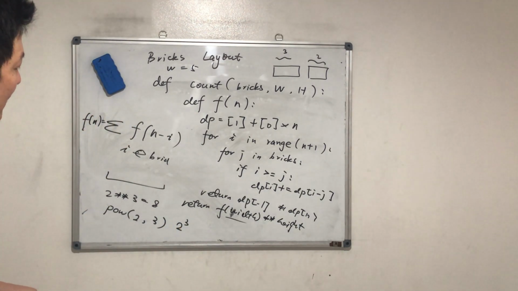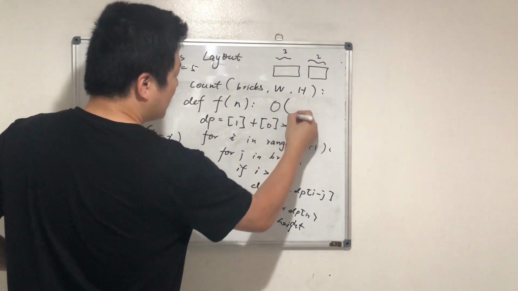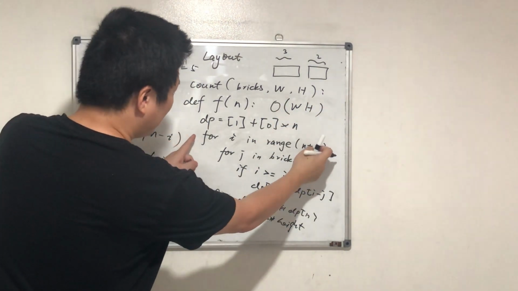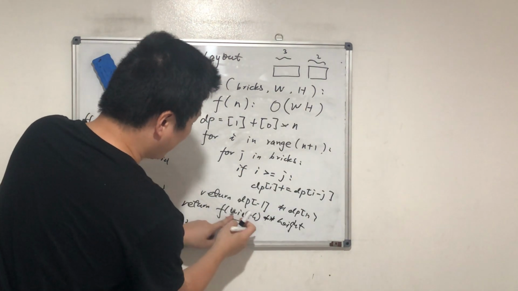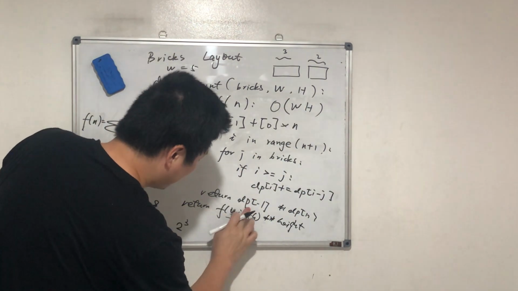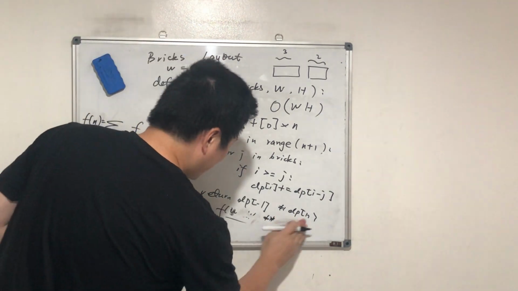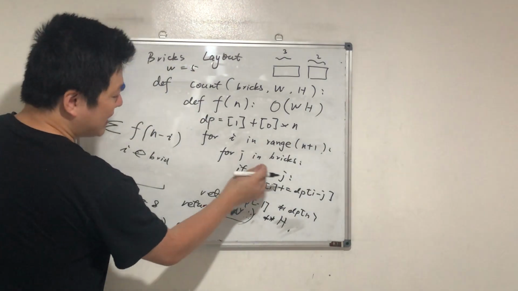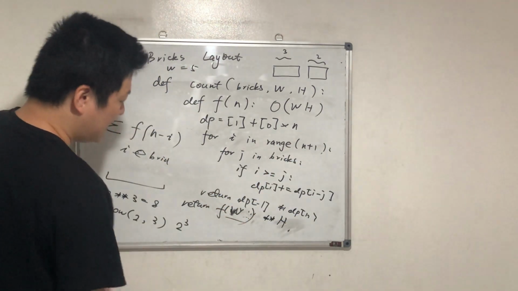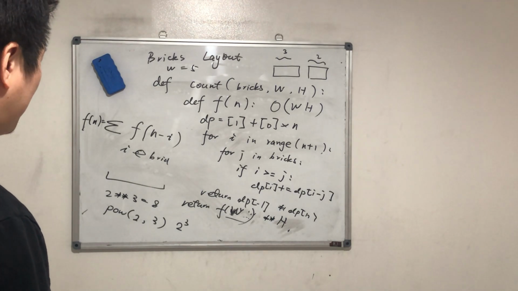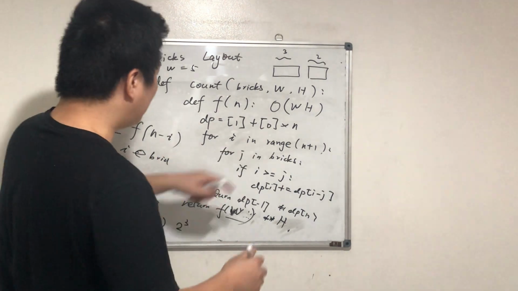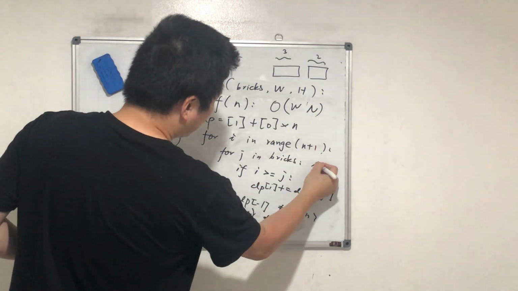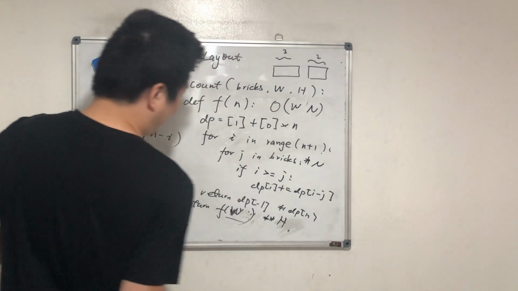What's the time complexity? W, H, well done. We look, this is N, yeah, W, we're calling that W. Actually, this is W, H, F, W. And then H, this is the size, actually not WH, but WN. N is the number of bricks, okay? So it's O of W N, okay?